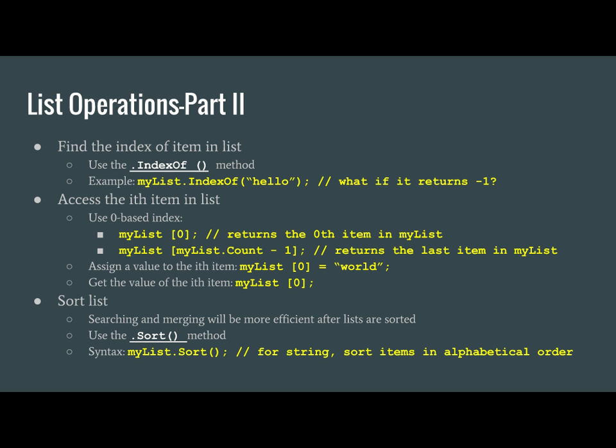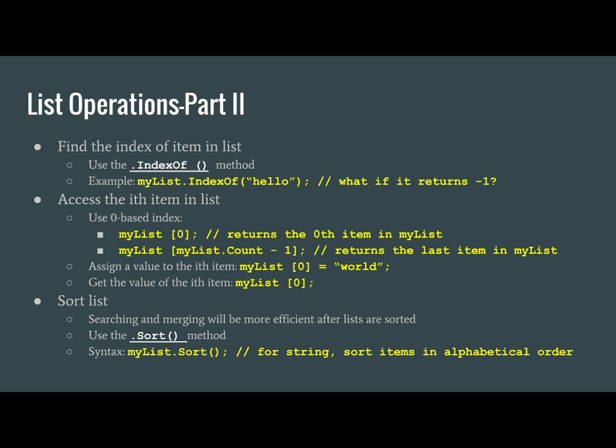Access an item in the list. We can use the index. Let's say I want to access the 0th item in the list. I just use mylist, square bracket, and put the index in there, because it's 0 based. So to access the first item we use 0.